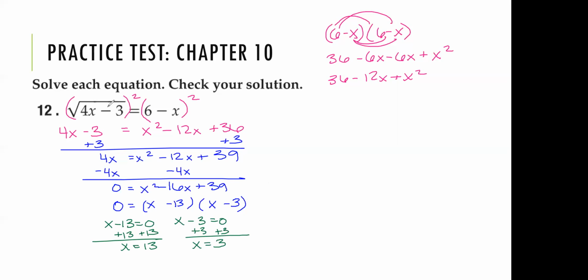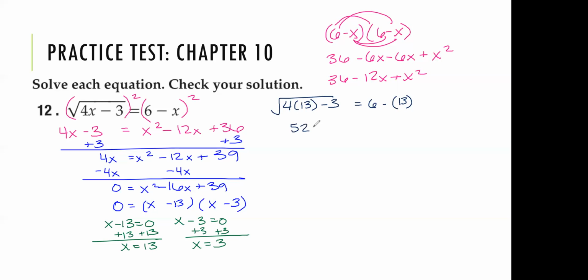Now we have to account for extraneous solutions here. So I'm going to plug in x equals 13 to my original equation. So that's 4 times 13 minus 3, and see if that's equal to 6 minus 13. So 4 times 13 is going to give me 52.